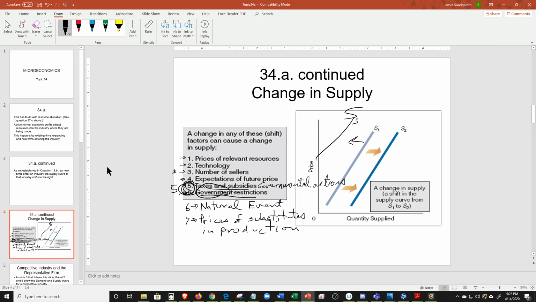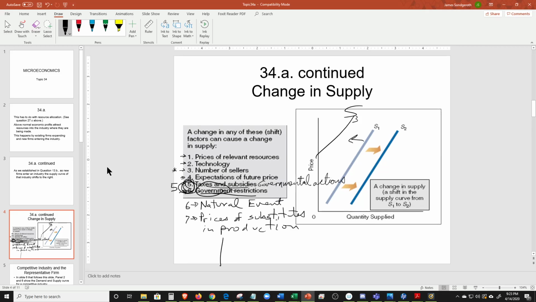And here I just ask you to think of the example I used early on, and I think we talked about a PPF, a production possibilities curve for a farm, and they can grow cotton or maize on their, let's say, 1,000 acre farm.